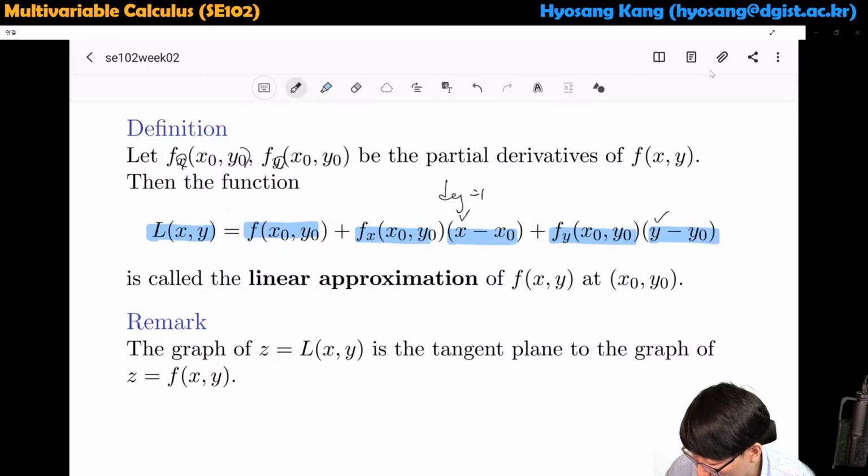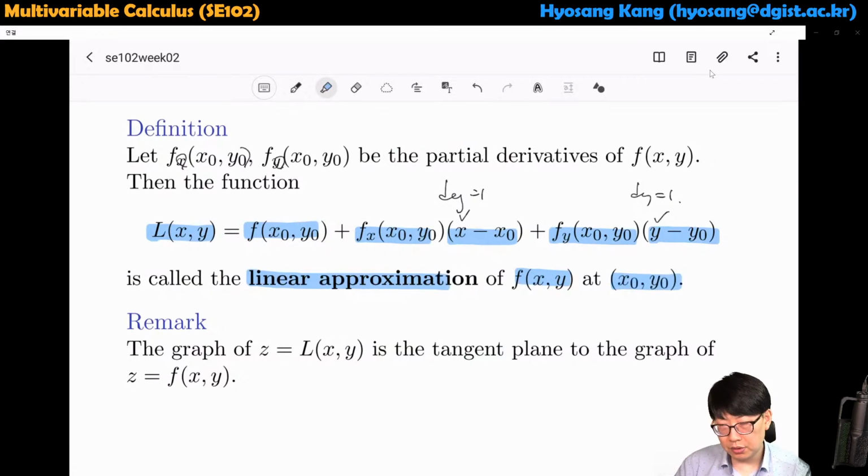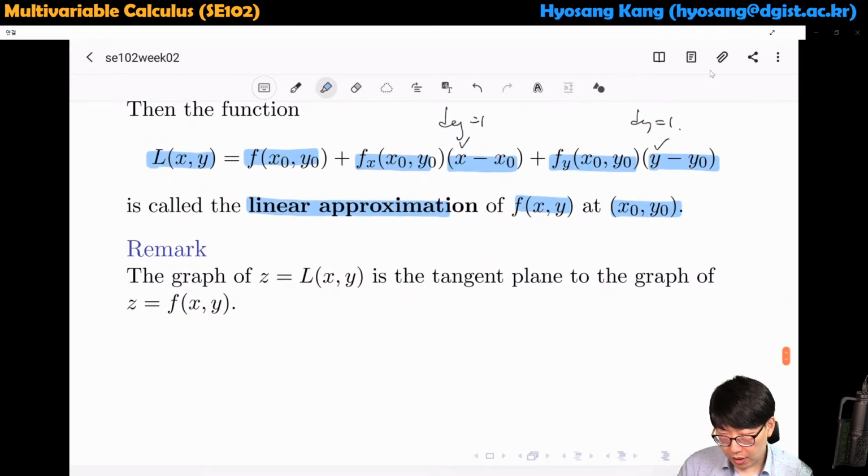So it is a degree 1 polynomial. This is called the linear approximation of the function at x0, y0. The remark is that if you take the graph of this function L, z equals L, then this is the tangent plane to the graph of our original function f.